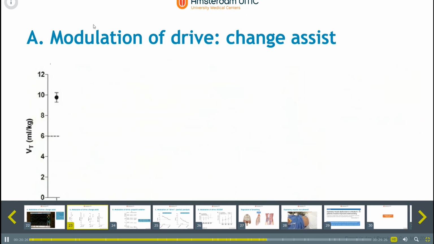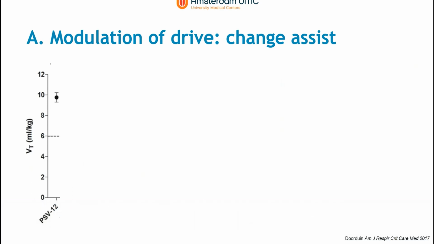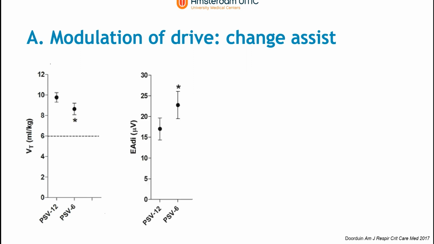And that's actually what we evaluated in this study. What is the effect of inspiratory assist on respiratory drive? So these were patients recovering from ARDS on pressure support of 12, tidal volumes of 10 ml per kilogram, and reducing the inspiratory assist by 6 centimeters of water actually decreased tidal volume by only 1 ml per kilogram, not so much. Why is that?